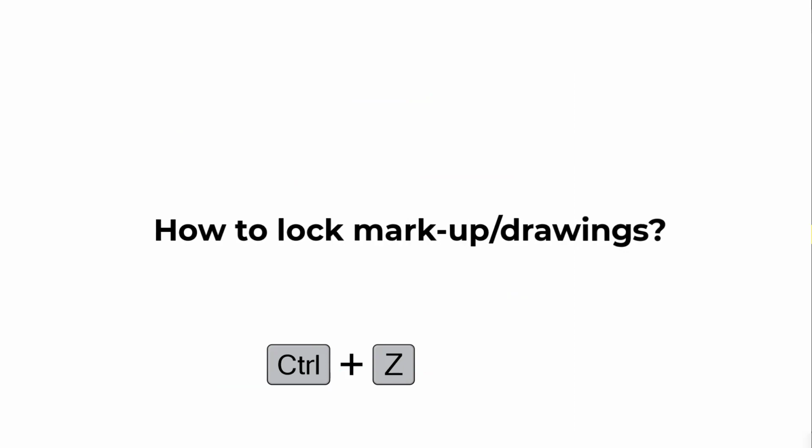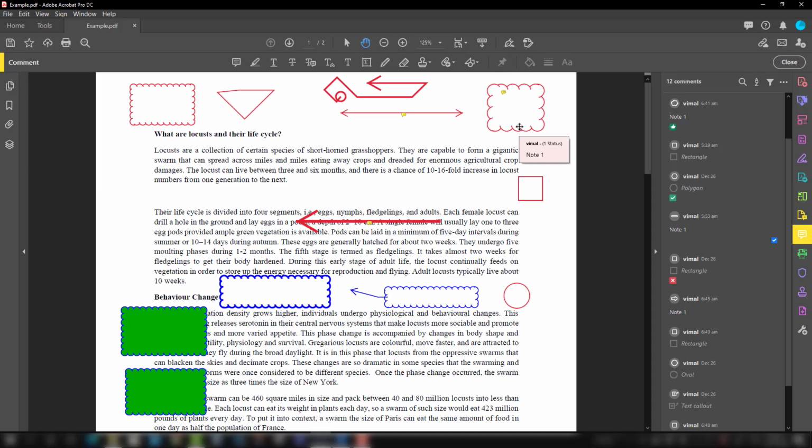Now we will talk about how to lock markup or any kind of drawings. Imagine if you don't want any markups to be deleted with ease, or if you don't want other users to move and resize this markup, you can lock its properties.